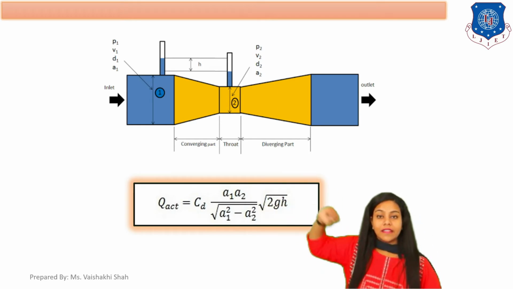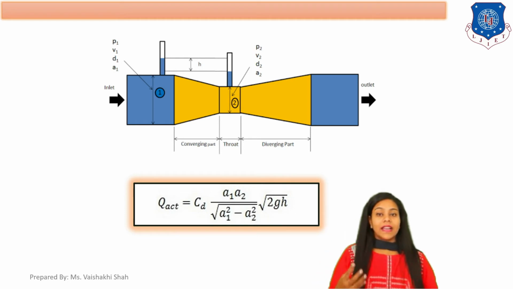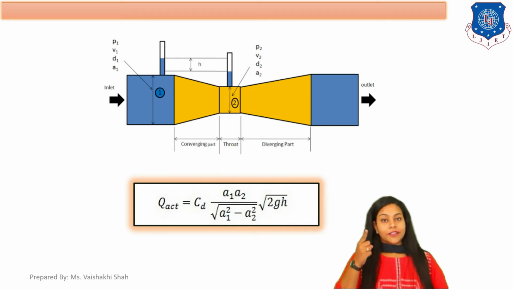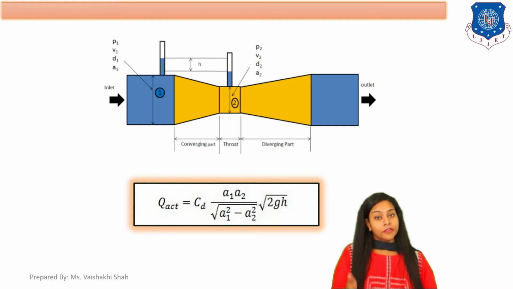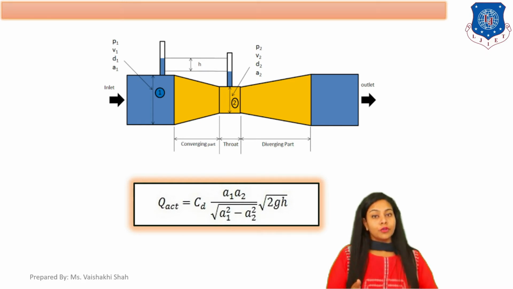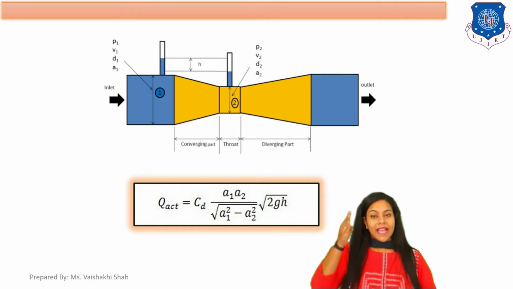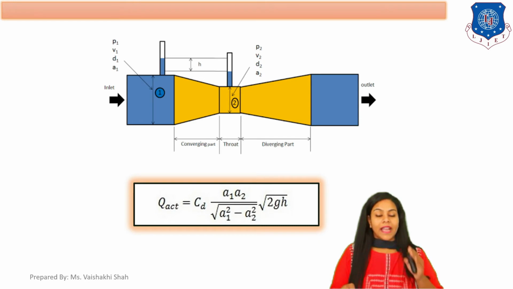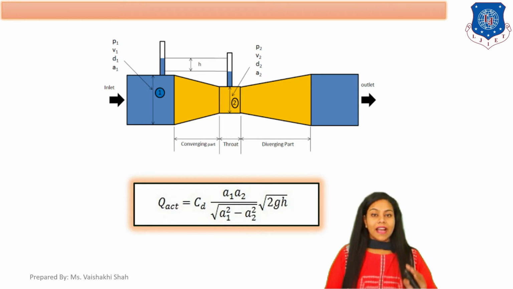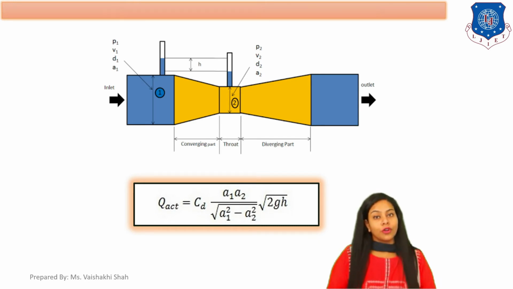As you can see in the diagram, we selected two sections, where section 1 is at converging cone and section 2 is at throat. So A1 is the area of Venturimeter at section 1 and A2 is the area of Venturimeter at throat, which is at section 2.